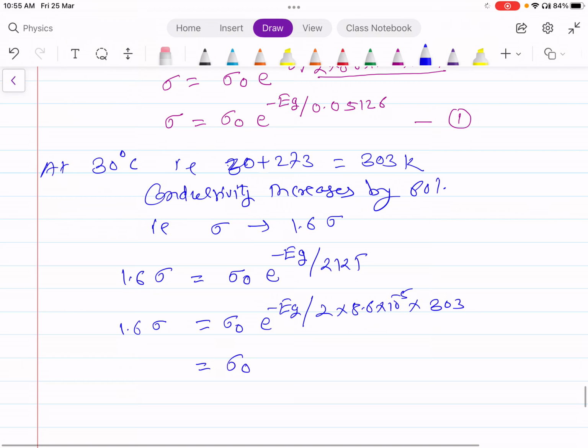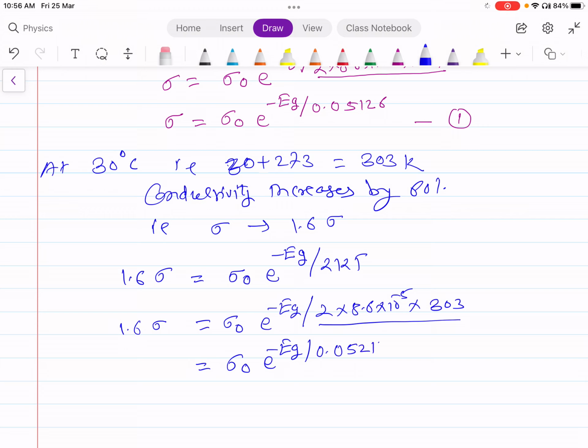That is equal to sigma naught e raised to minus of Eg upon, so this multiplication is equal to 0.05211, and this is equal to 1.6 sigma. Let us say this is equation 2. So we got equation 1 here and equation 2. What we are going to do is equation 2 divided by equation 1.